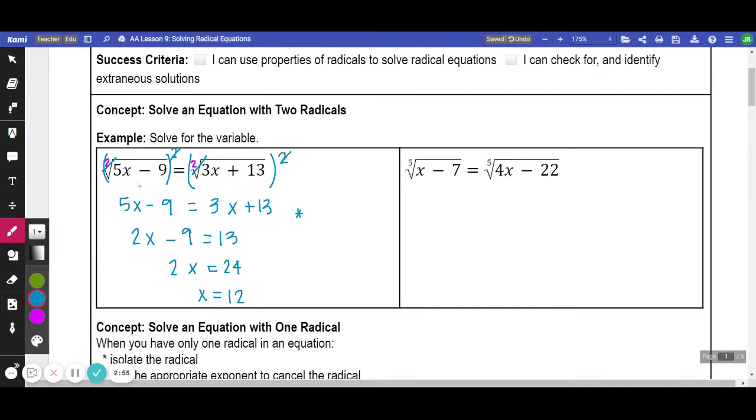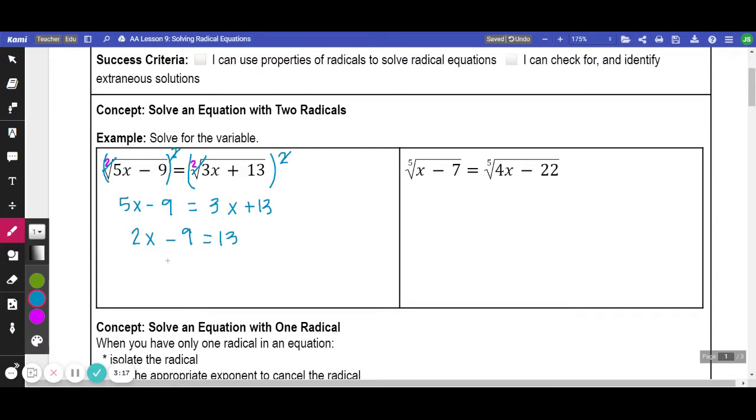If I put 12 in here, the square root of 60 minus 9 is 51. To check it, we're trying to see if it actually works. Does that equal 3 times 12 is 36 plus 13? I made an arithmetic mistake there.